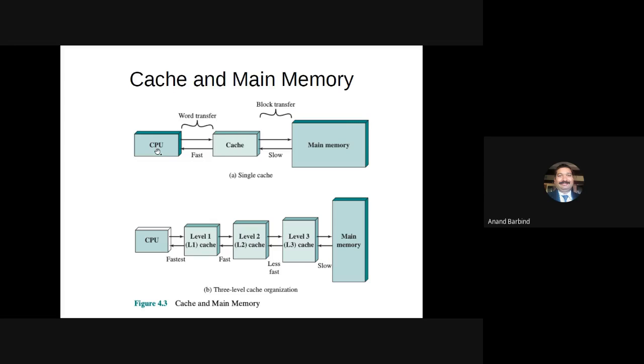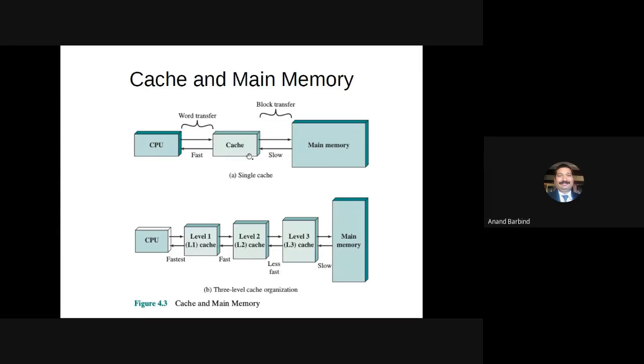Execution of the instruction does not depend only on the architecture of the processor, but it also depends on how the memory is organized, and how fast the memory is. So by having the cache memory in between the main memory and the CPU, we can increase the performance of the execution of the program. You can increase the MIPS rate of a particular processor by using the cache in this way.